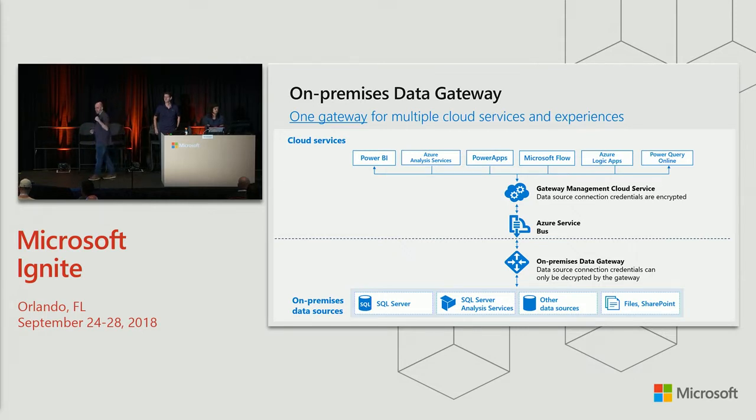This is a one-way secure communication just meant to be used for the purposes of these workloads. It's not a full-on, bidirectional VPN or anything like that. But then once you reach that on-prem agent, the gateway client component, it is the one that will actually establish the connection with each of the data sources that are configured on-prem.